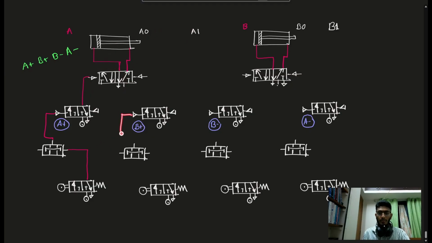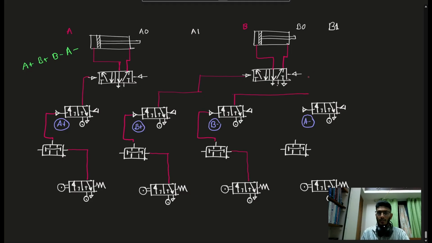So I'll draw for the remaining valves. This 3x2 DCB will initiate B plus. So I'll connect this to the cause of B plus, and the cause of B plus is the left side actuation of this 5x2 DCB. So let's connect this in the same manner, and B minus will initiate like this.